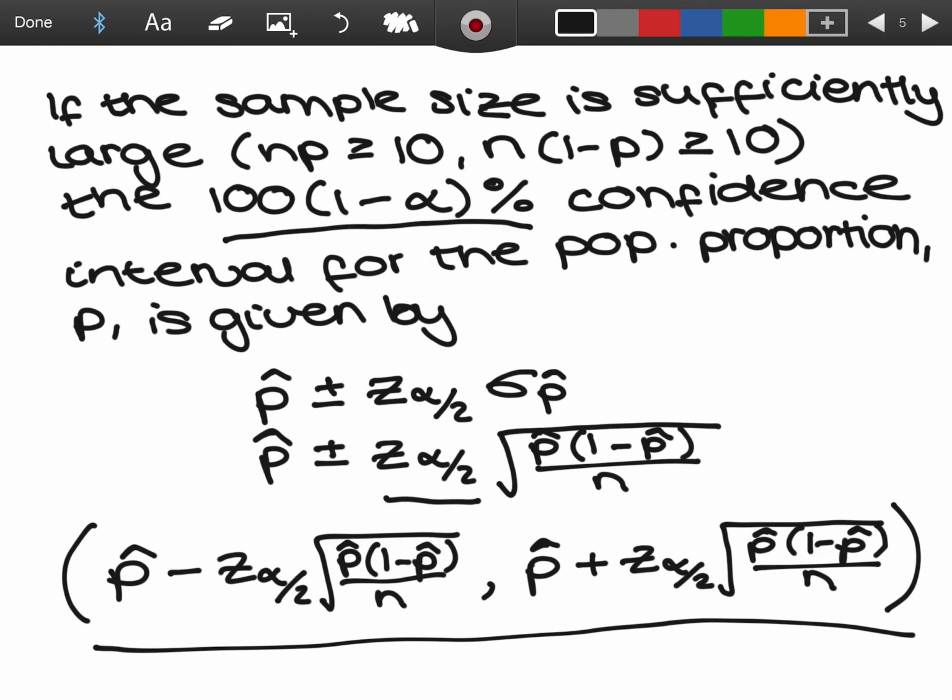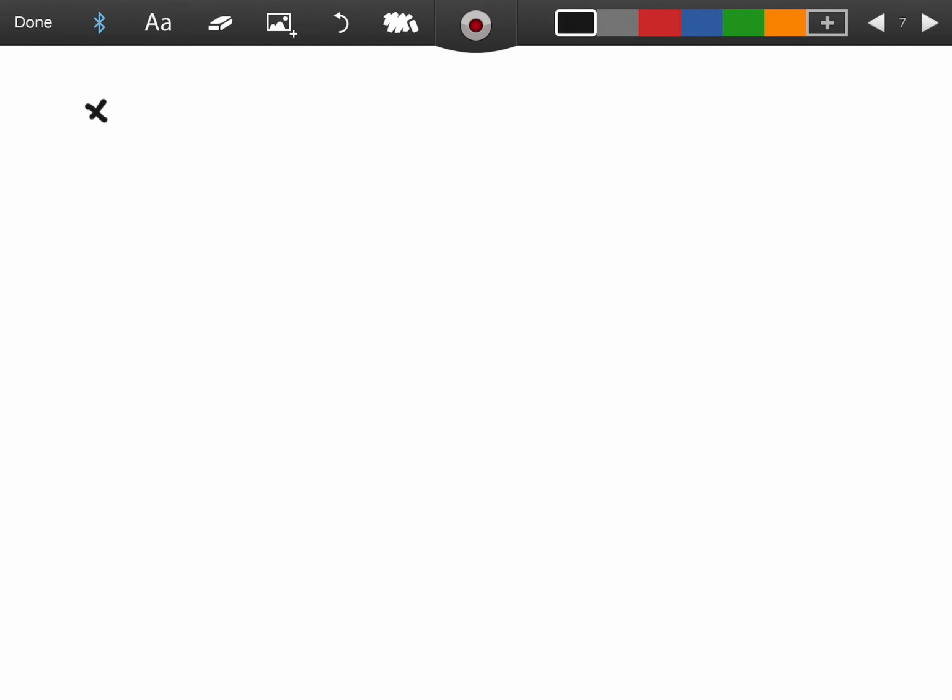It's actually going to find the proportion for you. So X is just the number of things in your sample that have the characteristic that you are looking for. N is the number of things in the whole sample.